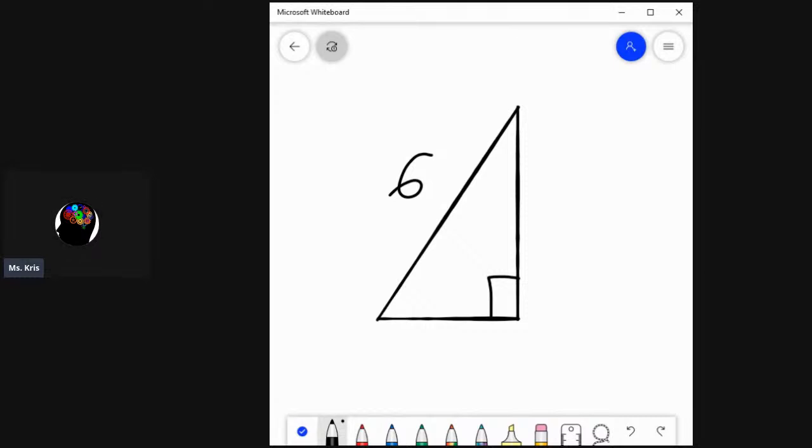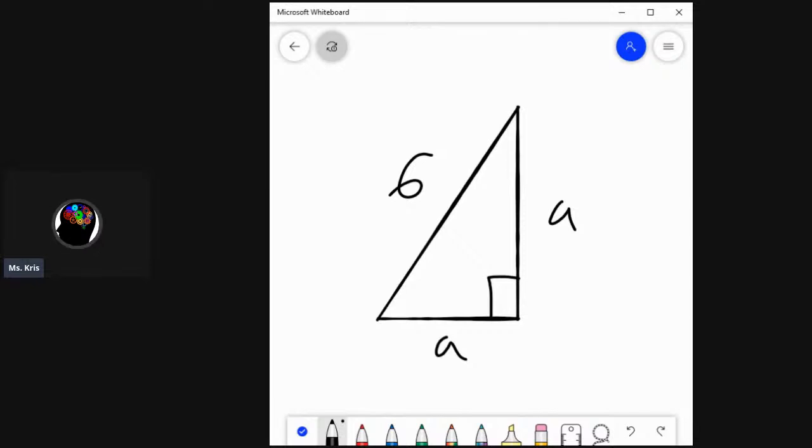Well, in order to find the length of the hypotenuse, that means you have the length of this side and this side to find.